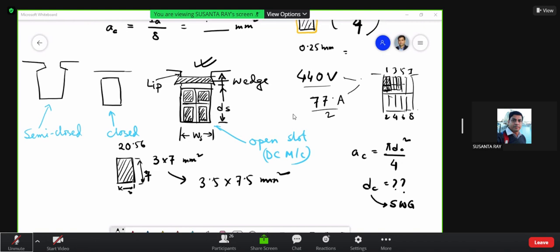Current density just now we have taken for calculating the cross-sectional area. Current density is required to have the dimension of the conductor. If you take 5, then after compromising with this, the diameter will be a little bit higher for your case, so the revised, modified current density also you have to show.